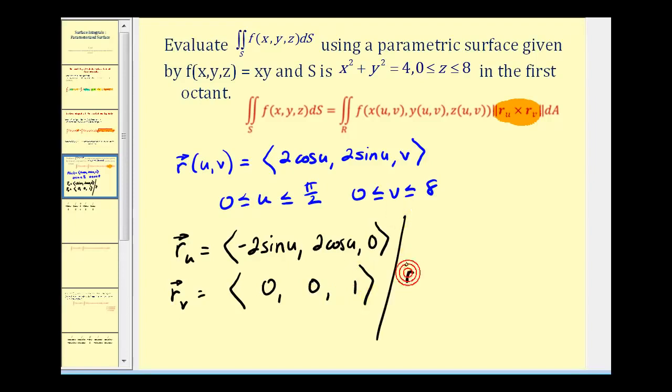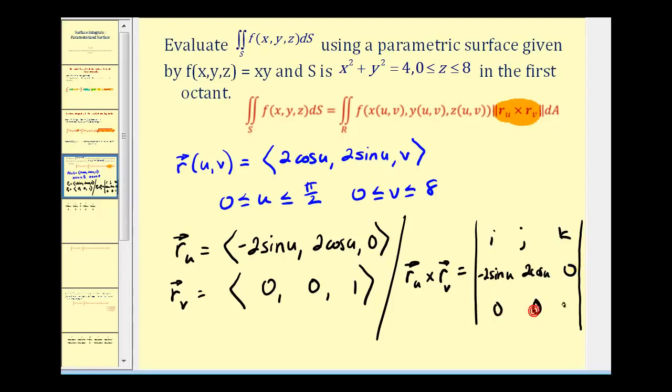So to determine the cross product of these two, we'll evaluate a 3 by 3 determinant where the first row is i j k, the second row will be negative 2 sine u, 2 cosine u, and 0. The third row will be 0, 0, and 1.